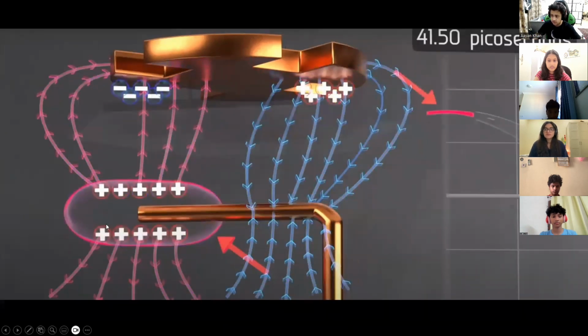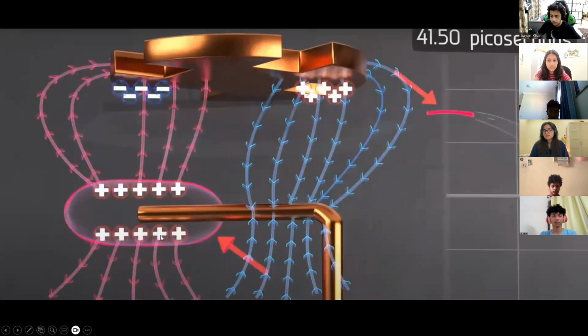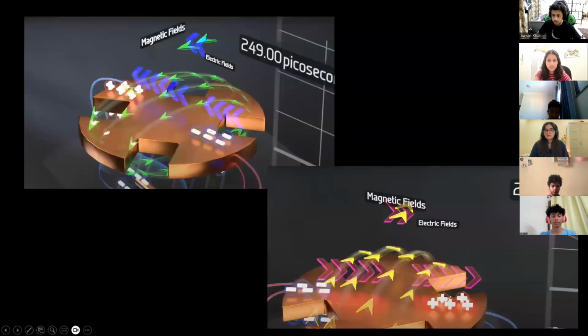When the wave reaches its peak, the flow becomes positive and the charges flip, or oscillate. As the wave changes from its peak, the direction of the electric field also changes.